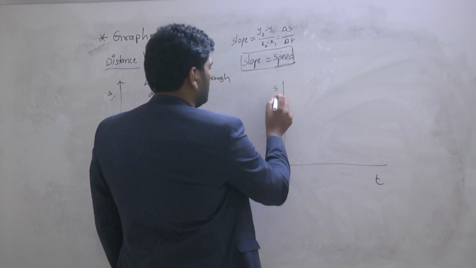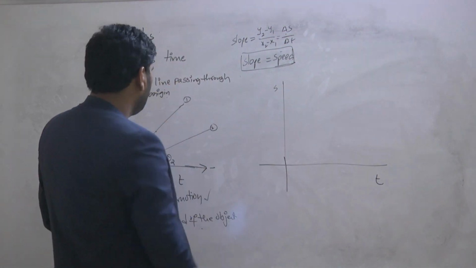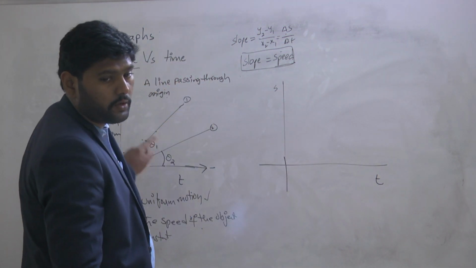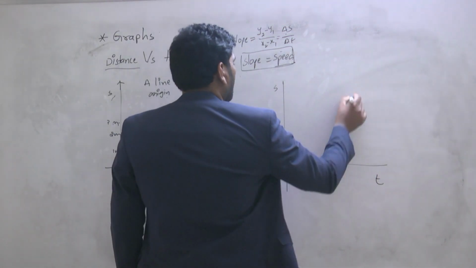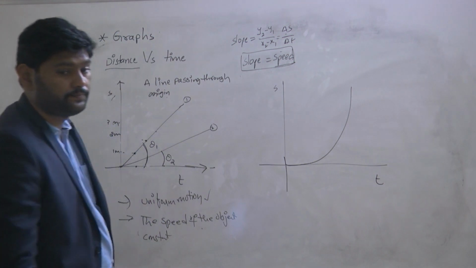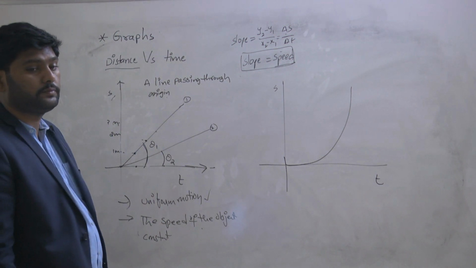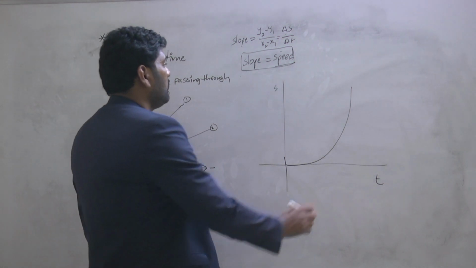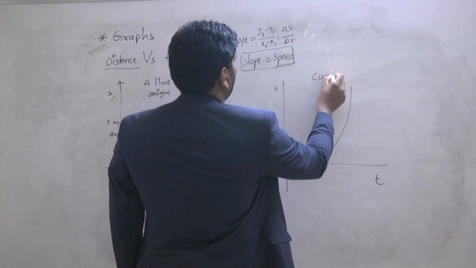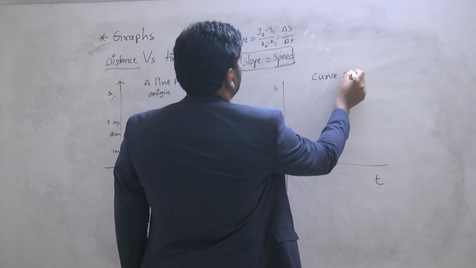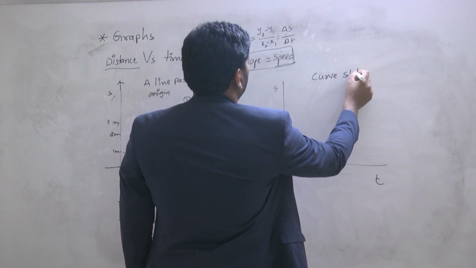Now I will not take a straight line, I will take a curve. So this is a slope. What is the name of the slope? The name of the slope is curve starting.